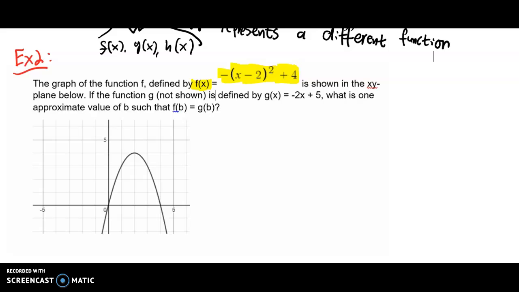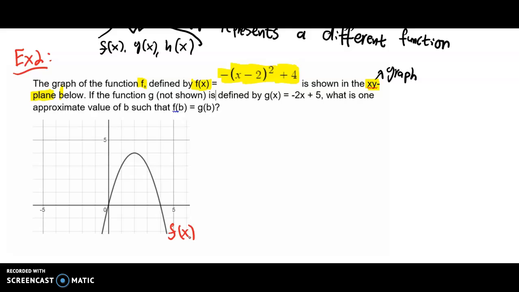So when it says the graph of the function f defined by blah blah is shown in the xy plane below, they're just saying graph. That's all that means. It doesn't change anything. So I know that this guy here is f of x. I'm going to write that next to him. You need to remember that this one is f.